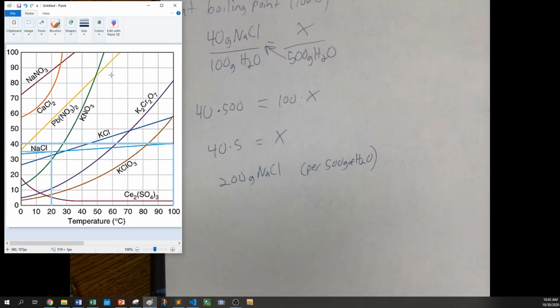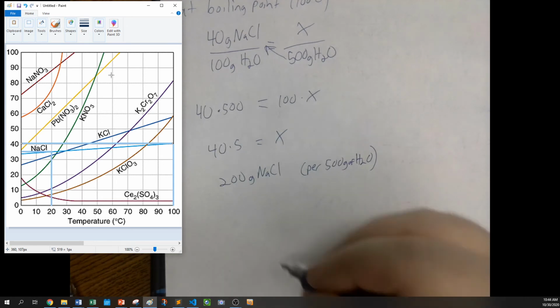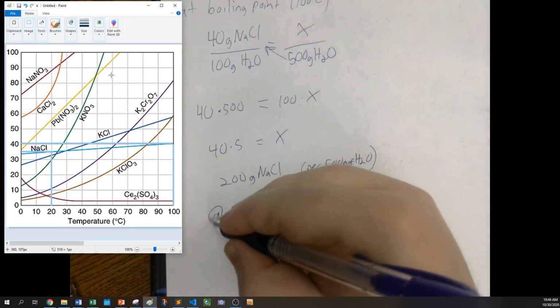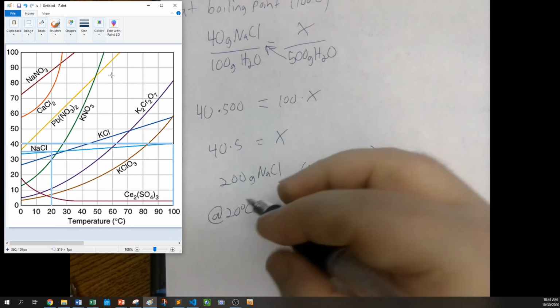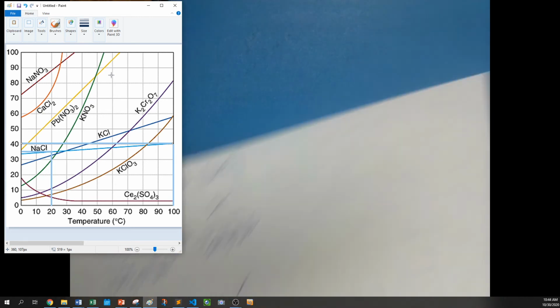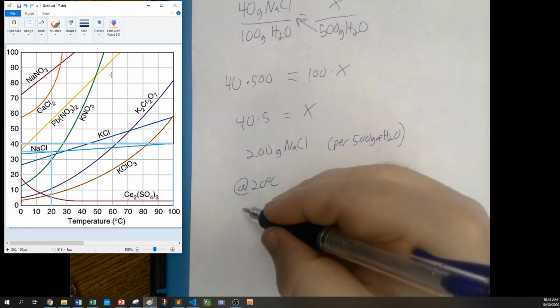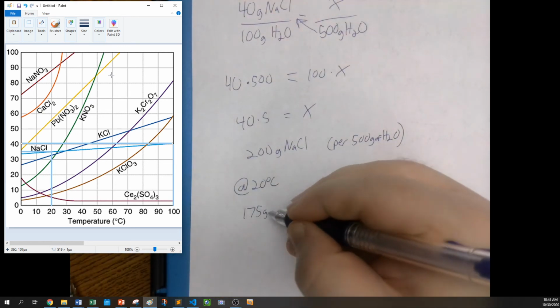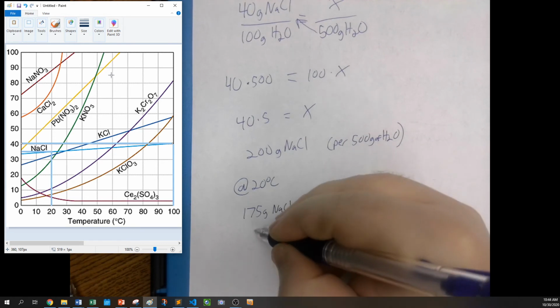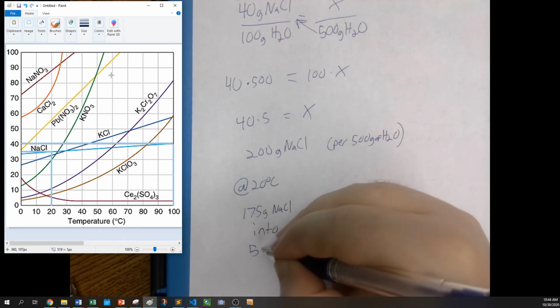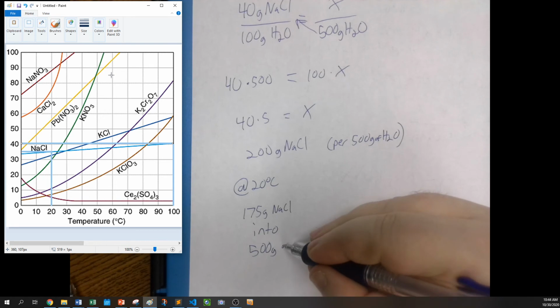So by increasing the temperature of the water to 100 degrees, so at 20 degrees Celsius, we can put in 175 grams of salt into 500 grams of water.